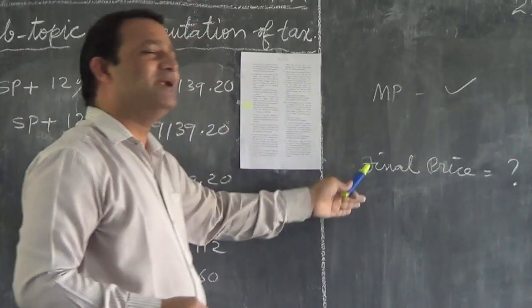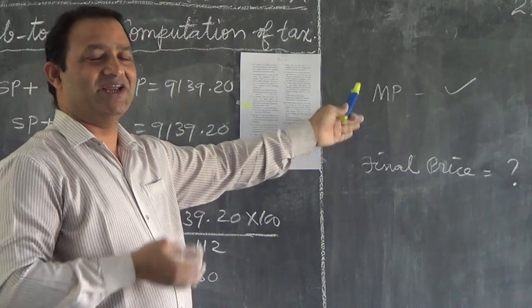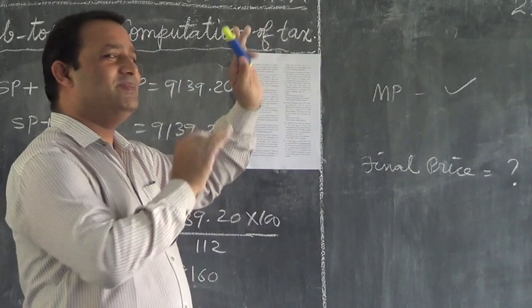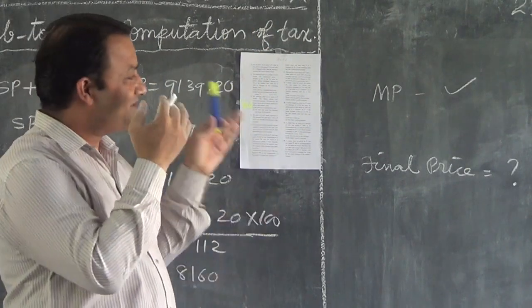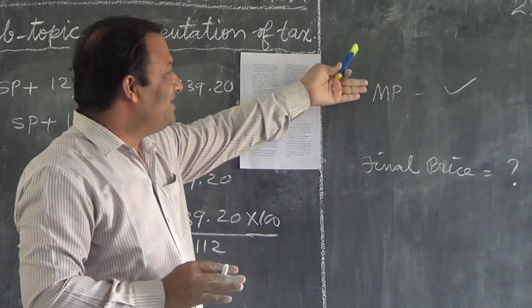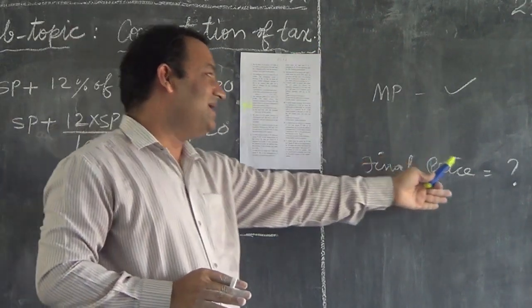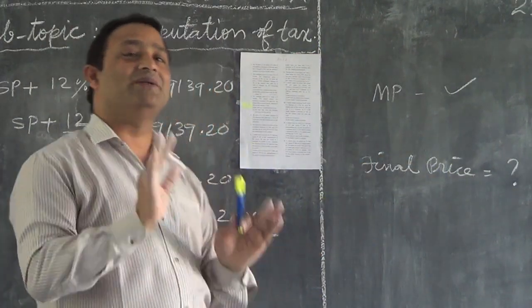This is top-down approach, straightforward. Go for the tabular representation method. This works very well. If this information is given and final price is asked, go for the tabular method.